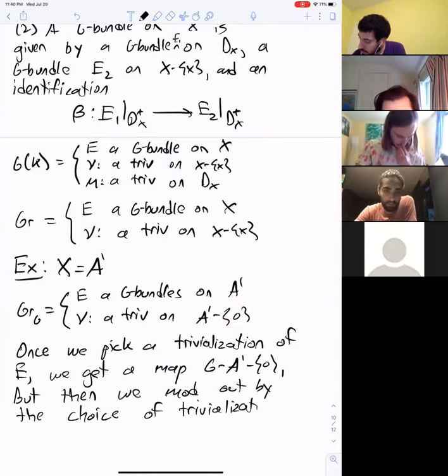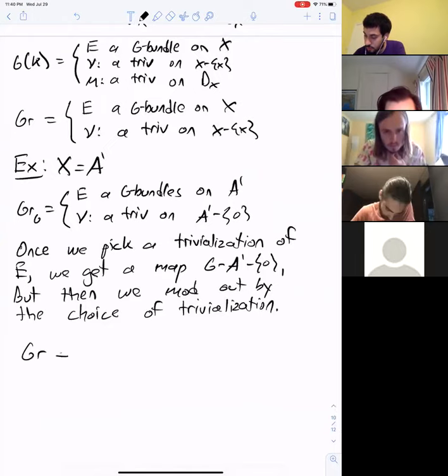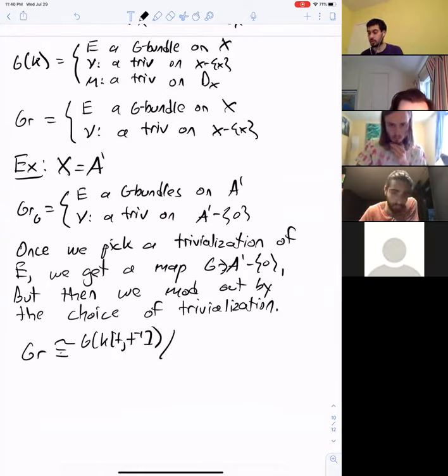So what does that mean? It means that the affine Grassmannian is isomorphic to maps from G to A1. So what are those? Those are just G of K, T, T inverse. And then we want to mod out by trivializations on the whole of A1.